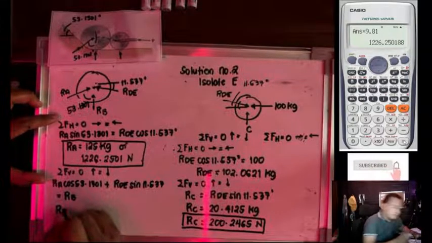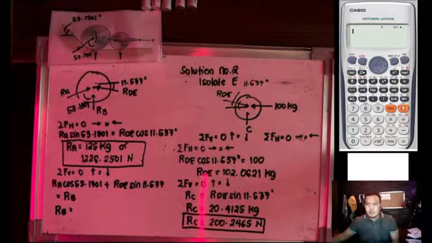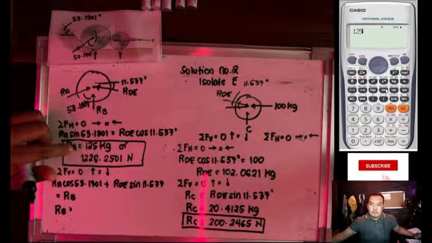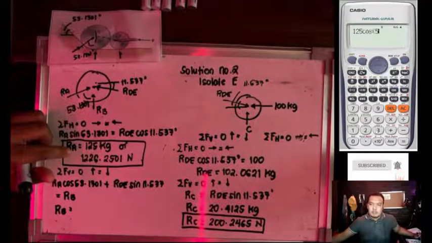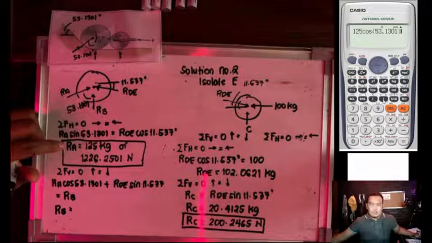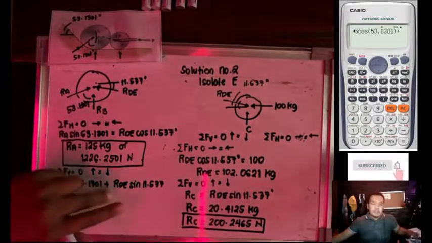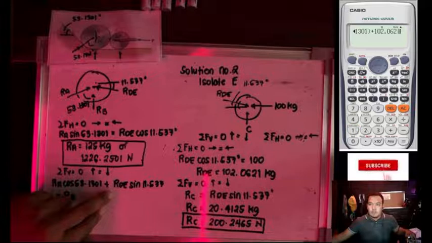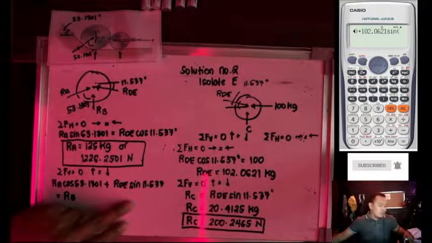Put it in the calculator: RA which is 125 again, we only use the kilogram values, cosine 53.1301 plus RDE which is 102.0621 sine 11.537, equals.